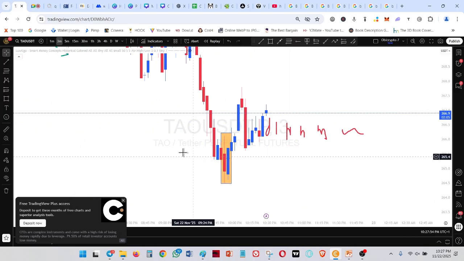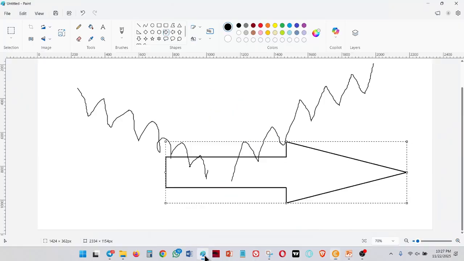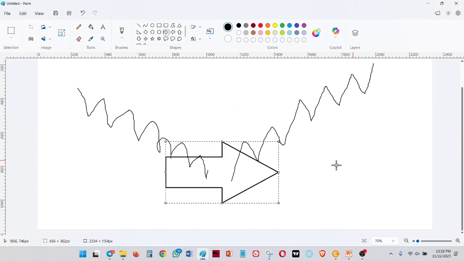So now that we have agreed that the market is moving from left to right, we are going to use that as an understanding level to know what we work with. Now, what do we work with? If you remember, I said you need to have an engulfing candle.